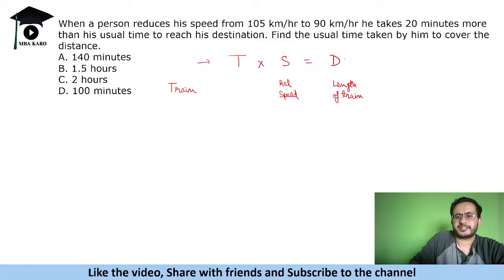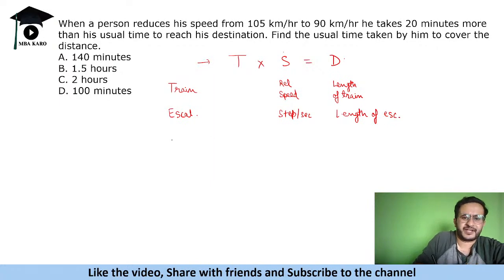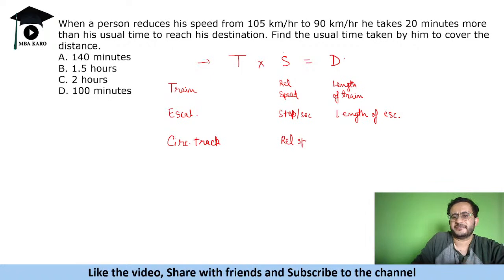Similarly, if we talk about an escalator, the speed is the speed of the person, that is steps per minute or per second, whatever is given, and distance is the length of the escalator. Similarly, if we have a circular track, the speed is the relative speed if they're running in the same direction or opposite direction.